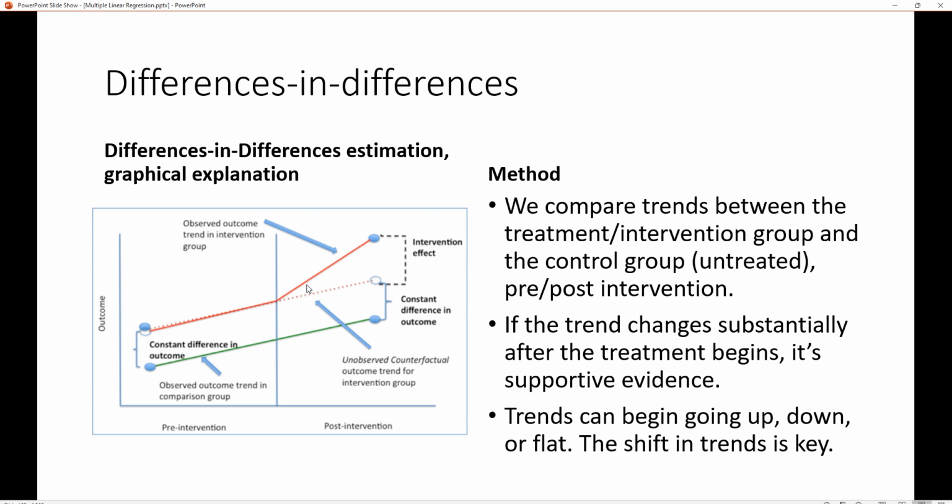But since the intervention was implemented, we see that red line with a steeper upward trend, and that difference between that solid red line and that dashed red line, which is also called the counterfactual, represents what would have happened if there was no intervention.